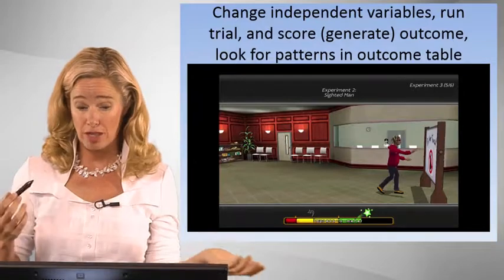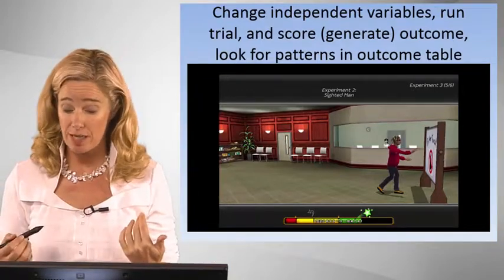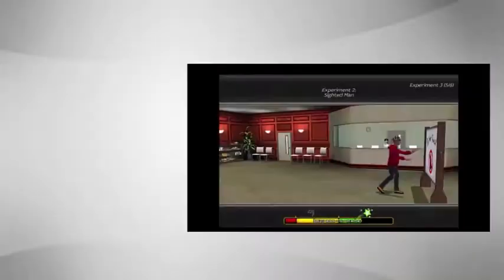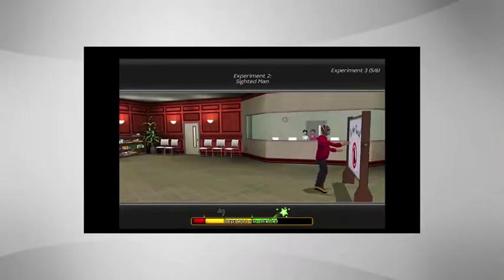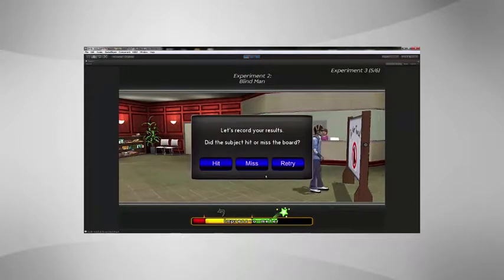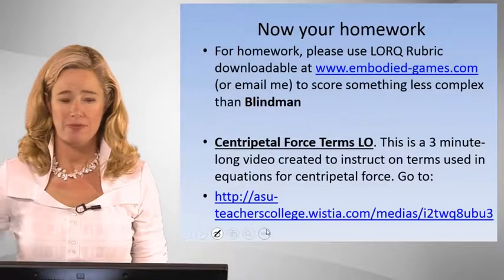You're running a trial, and then you're going to score the outcome, and you're going to look for patterns in the outcome table. So let me run a movie and show you. So he's walking, and as you see, now he's hitting the wall. And when he hits the wall, you would score that as a hit or a miss. And then there's a pattern that you'll see on the table at the end.